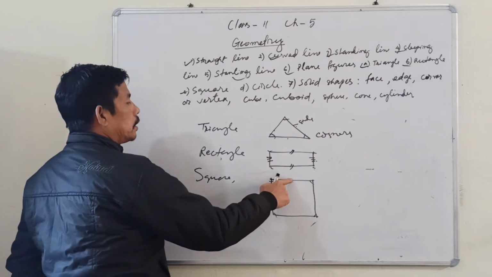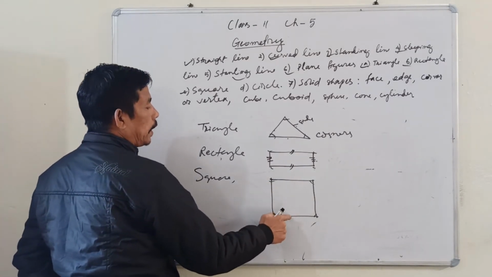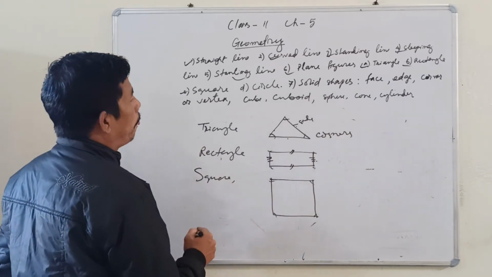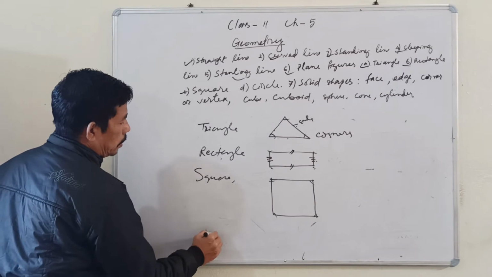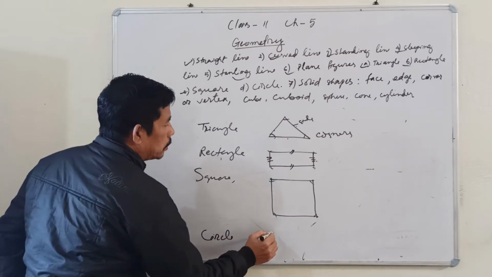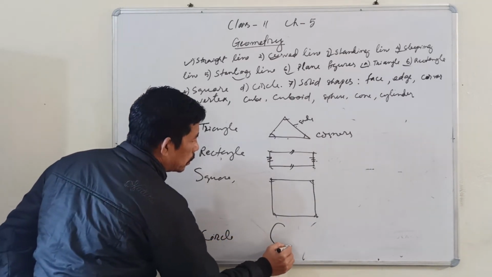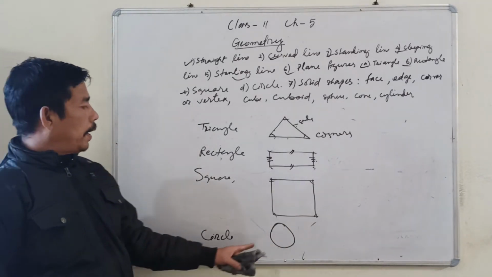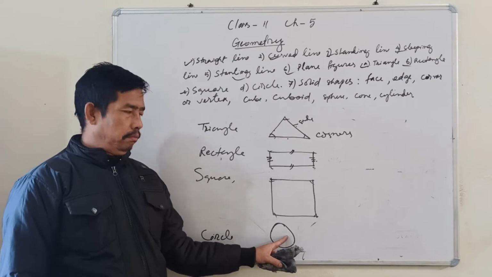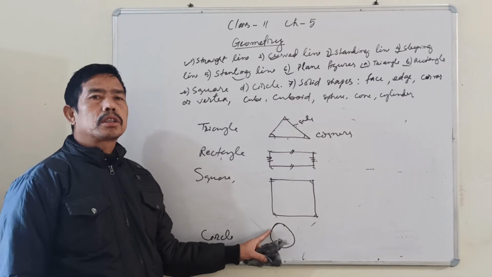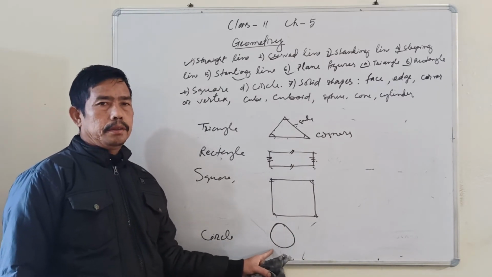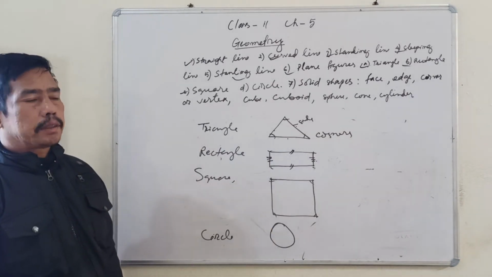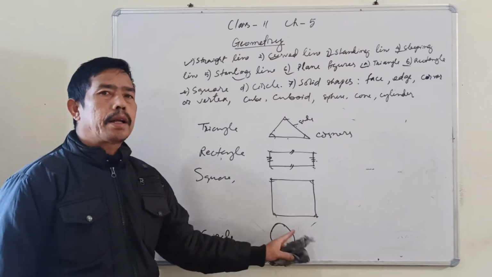So this length is equal to this length is equal to this length is equal to this. Then circle. Circle is also a plane figure formed by a closed curved line, and it has no corner and no sides, formed by curved line only.